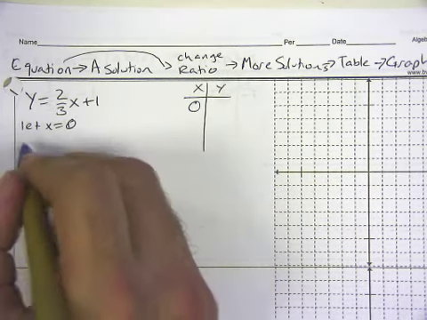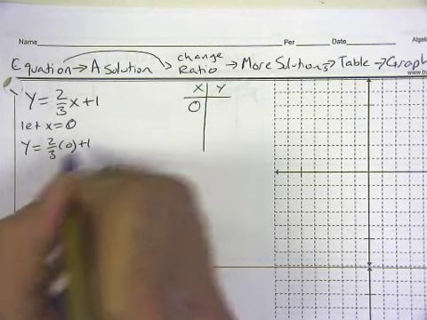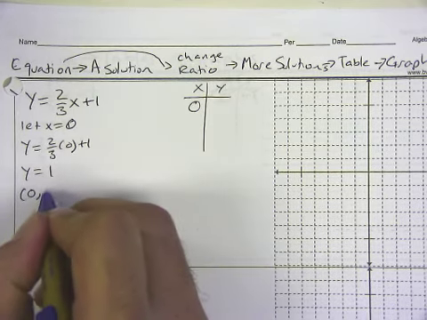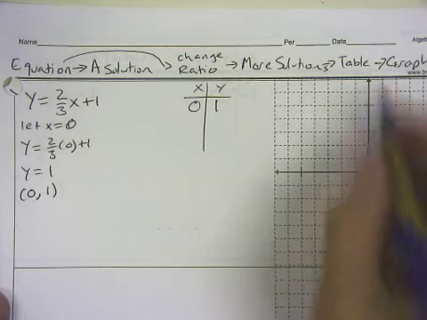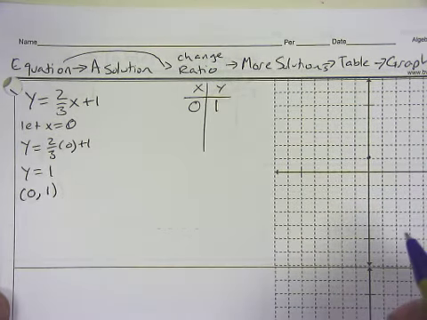When we let x equal 0, we have 2/3 times 0 plus 1, which is just 0 plus 1, so that's 1. So we have this solution 0, 1. It's a solution we sometimes call the y-intercept because it intercepts with the y-axis. But we have that nice easy solution.